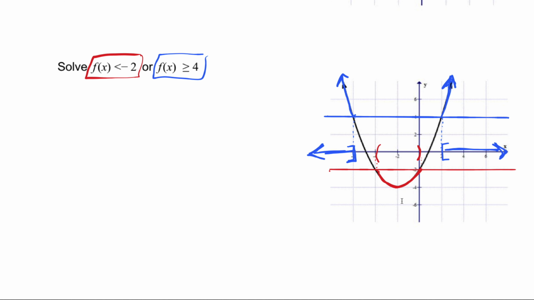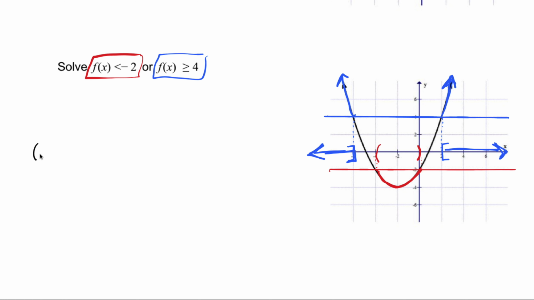So our solution to the compound inequality f of x less than -2 or f of x greater than or equal to 4 is 3 different parts. I'm going to go just left to right along the x-axis, just like we would go left to right along the number line when we were solving those inequalities.